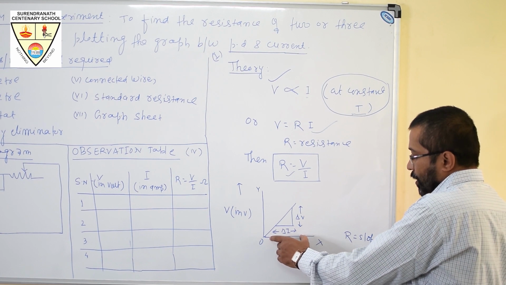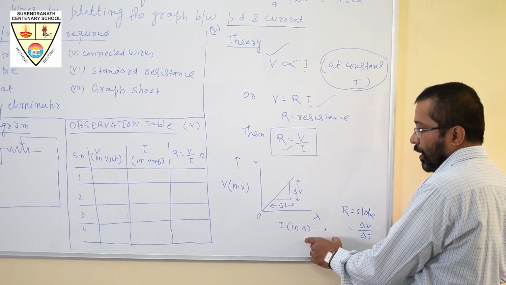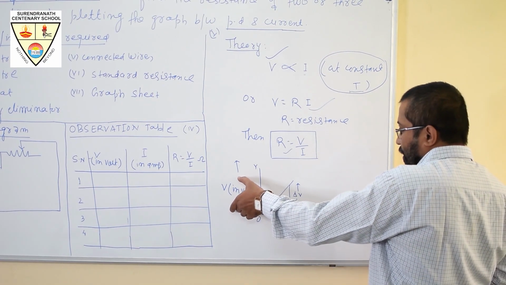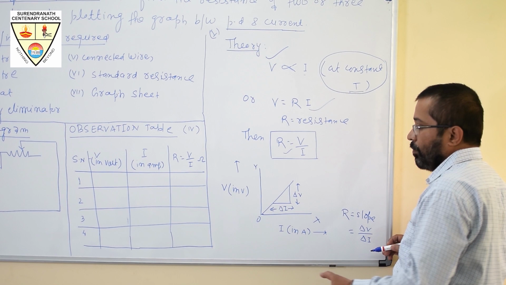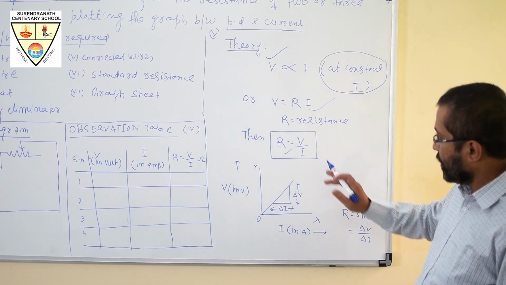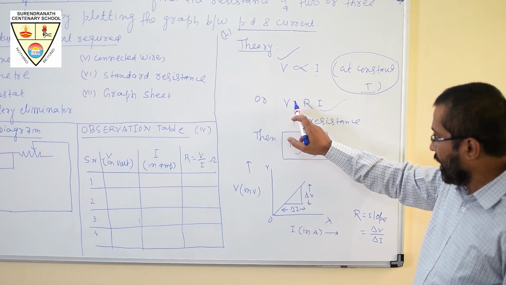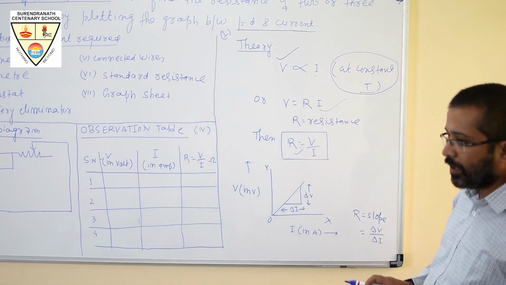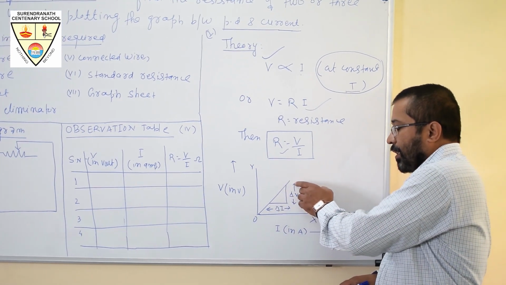Along the x-axis, you take current in ampere. Along the y-axis, you take voltage in volt and plot the graph. As you see from this relation, the relation between voltage and current is linear. So we are going to get a straight graph.